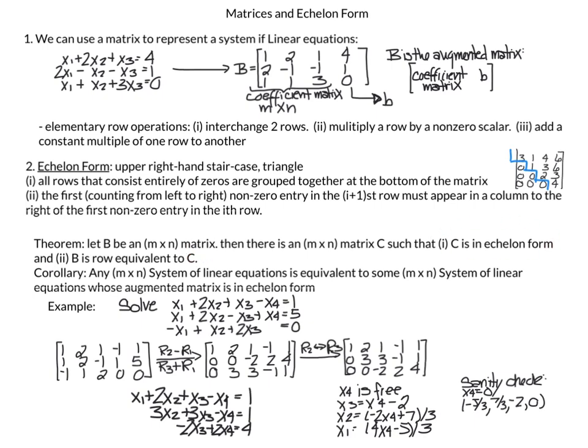And we also had the corollary that any m by n system of linear equations is equivalent, or has the same solutions, as an m by n system of linear equations whose augmented matrix is in echelon form. And we used all these facts to solve a system of linear equations using matrices.